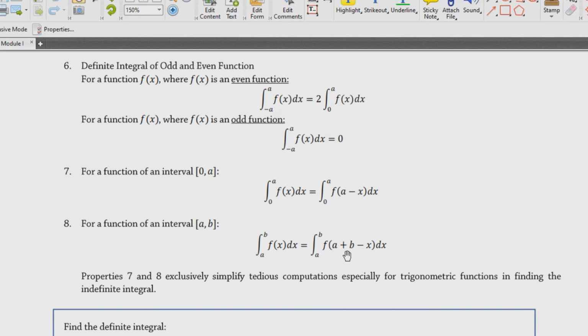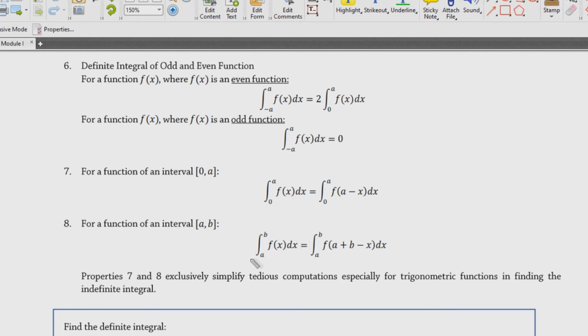But when there are two limits, it is true for a plus b, which is the sum of the two limits. So this is like a plus 0, minus x. But of course, we don't include the 0, so it just became a minus x. So remember, when you have limits, you can always incorporate that in your new equation, and then you should be able to get the same results as from your given.